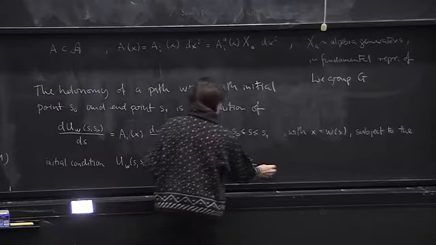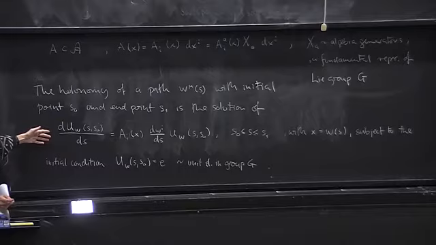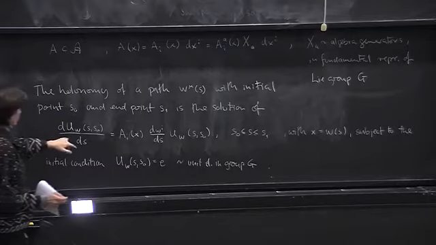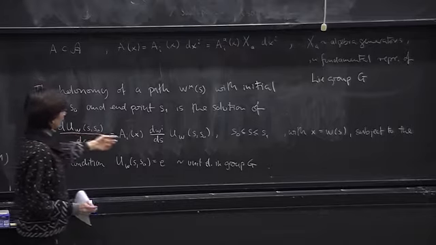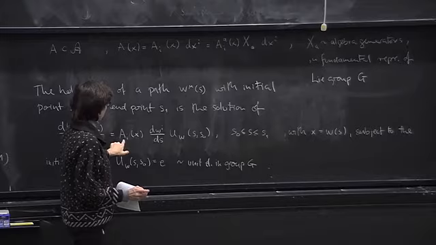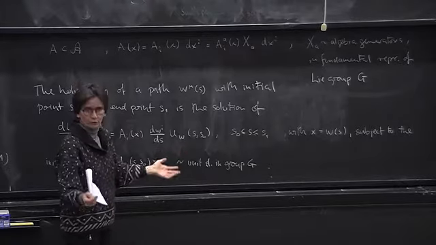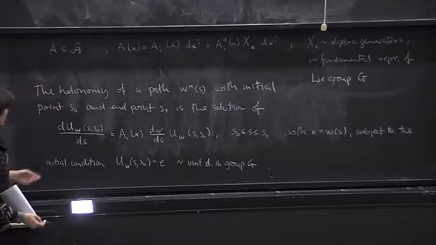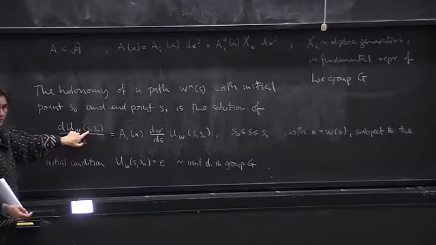Okay, full stop. Now, let us look at this equation. What have I given? I have given the path, and I've given A, capital A. This is just defined as a field configuration. Now I'm defining this object U_W with free parameter s.